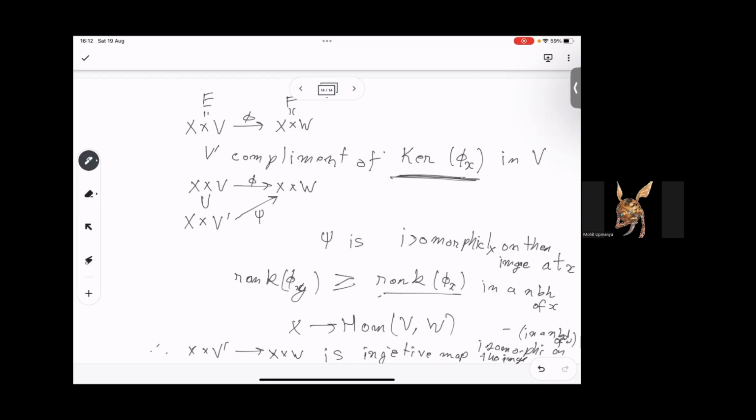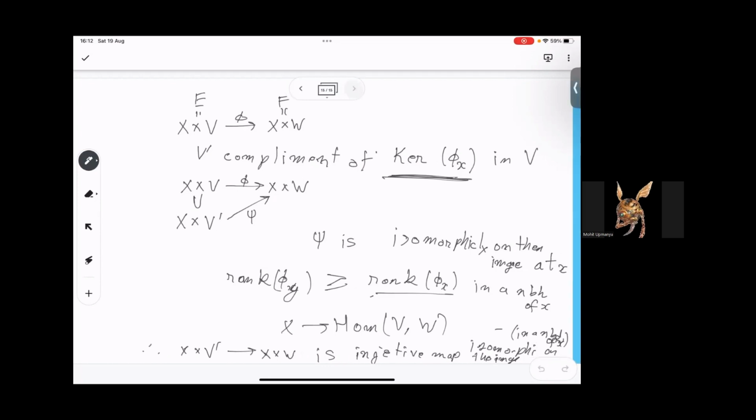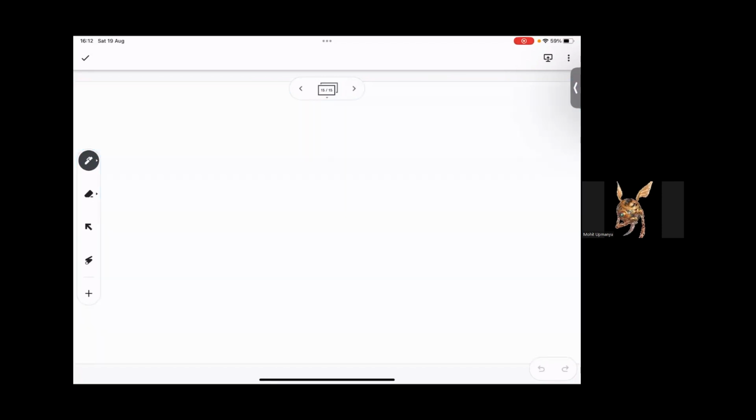It's only in a small neighborhood of the point x. Right, this injectivity and isomorphism. Therefore, we can conclude that the image is a subbundle. That's it. So that finishes the proof.